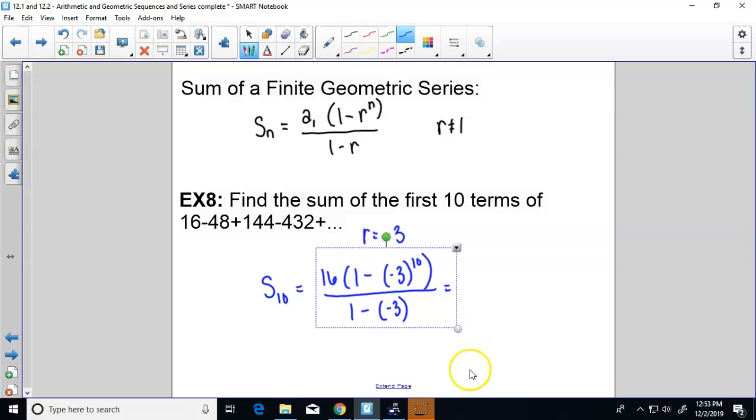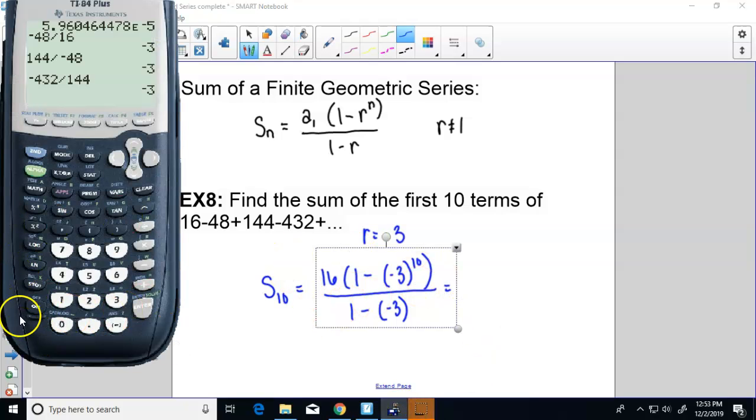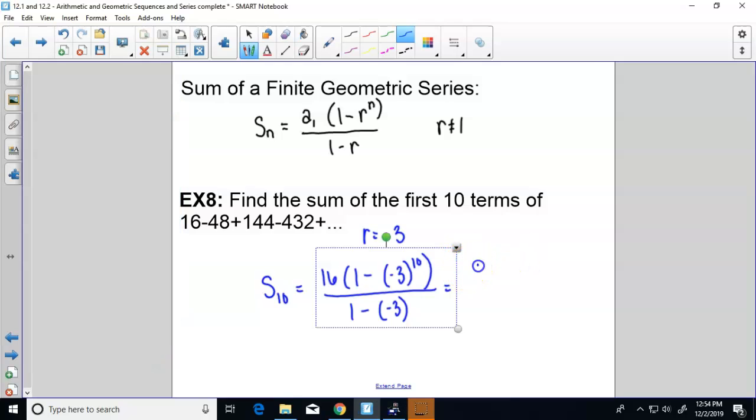And so I'm going to use the calculator, but I'm going to be a little careful with this. 16 times 1 minus negative 3 to the 10th. That's going to give us negative 944,768 in the numerator.